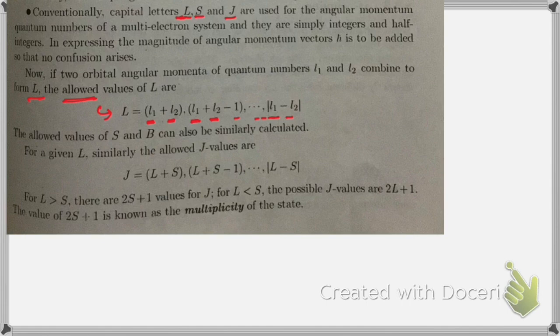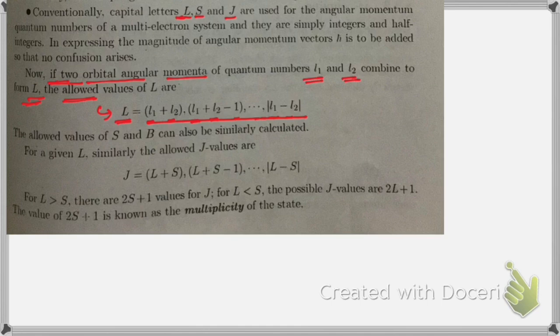If two orbital angular momentum quantum numbers L1 and L2 combine to form capital L, then the allowed values of L are these.